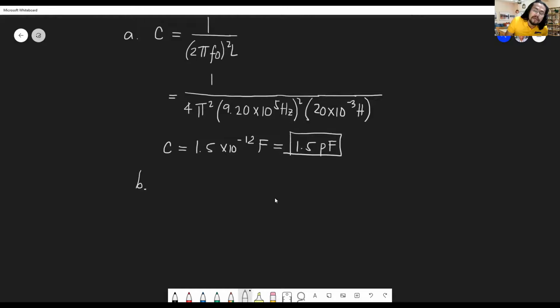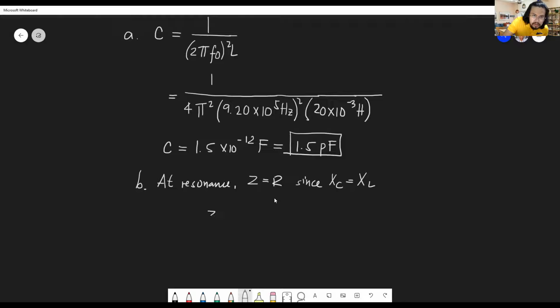At resonance, it means that Z equals R, since X sub C equals X sub L, so they just cancel.